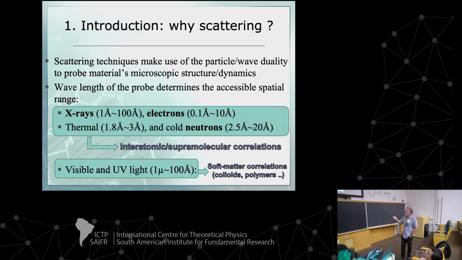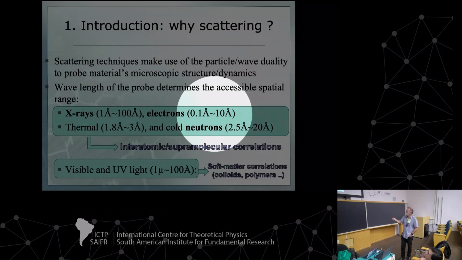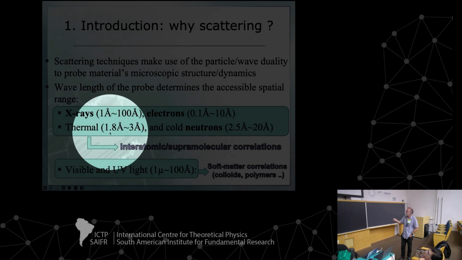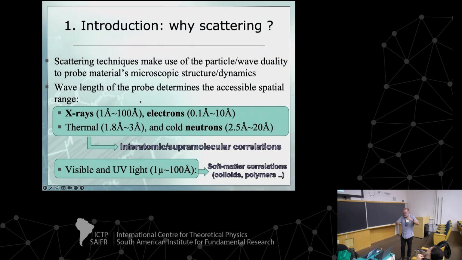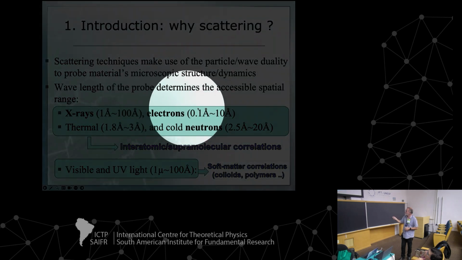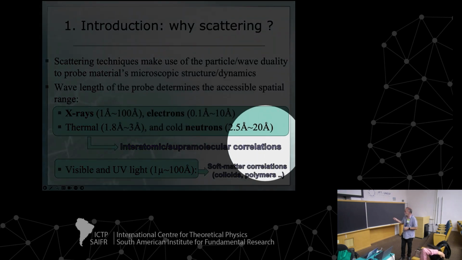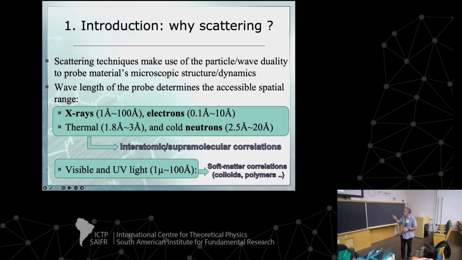And obviously, this equilibration means that in the case of thermal neutrons, we have a wavelength between 1.8 and 3 angstroms, and this is the standard to probe the structure, for instance, the microscopic structure of liquids or solids. And cold neutrons tell you much more about supramolecular correlations because we can reach up to 20 angstroms, so 2 nanometers. That's quite a big distance.